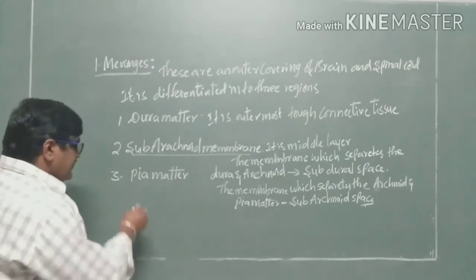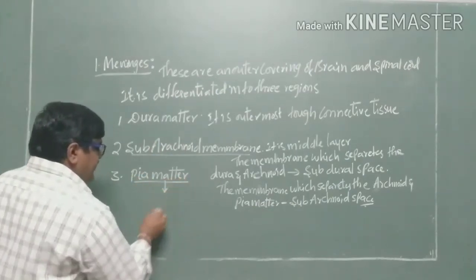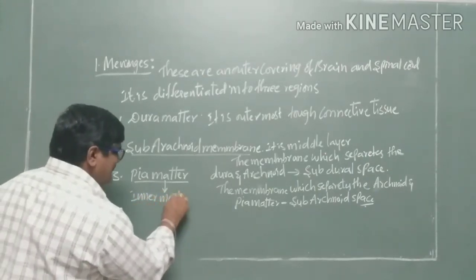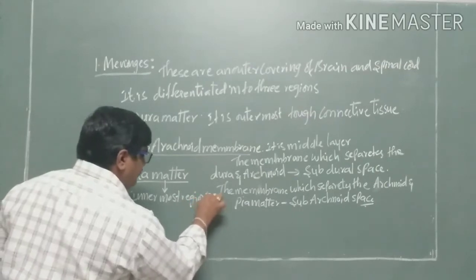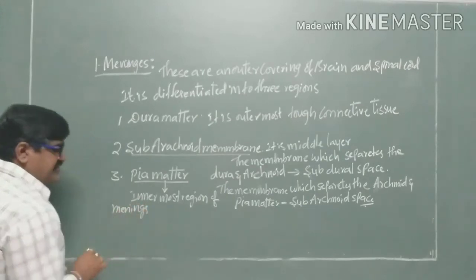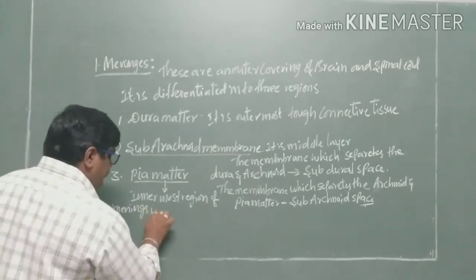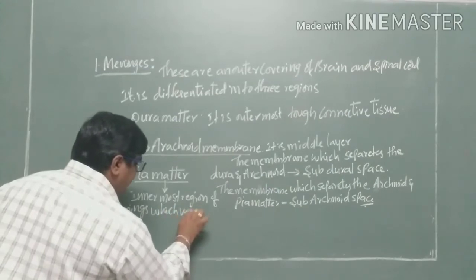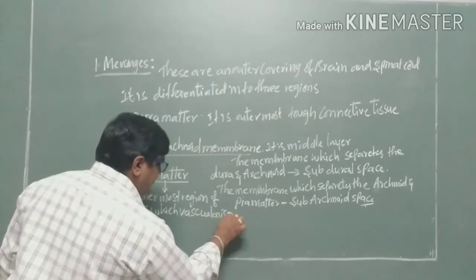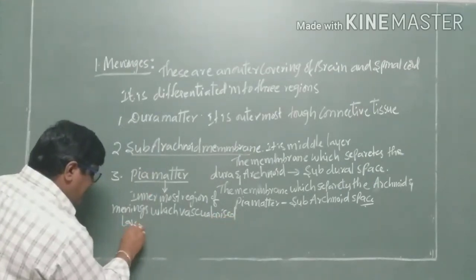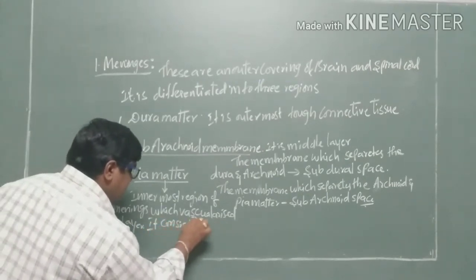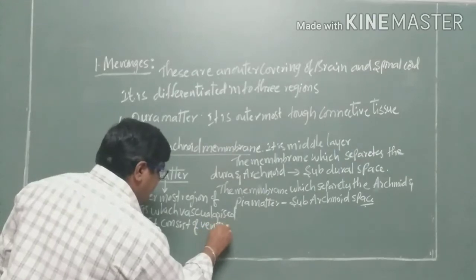And the third one, the pia mater, is the innermost region of the meninges, which is a vascularized layer, and here it also covers the ventricles.